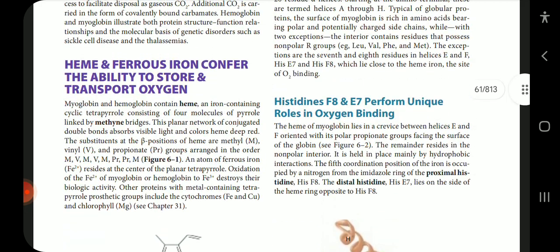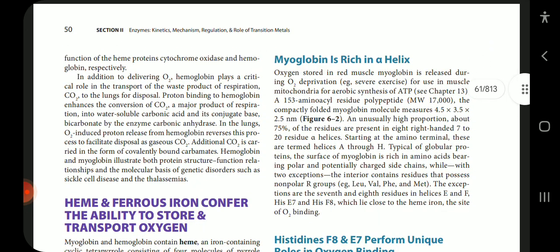Okay, so coming back, an unusually high proportion, about 75% of the residues, are present in eight right-handed 7 to 20 residue alpha helices.